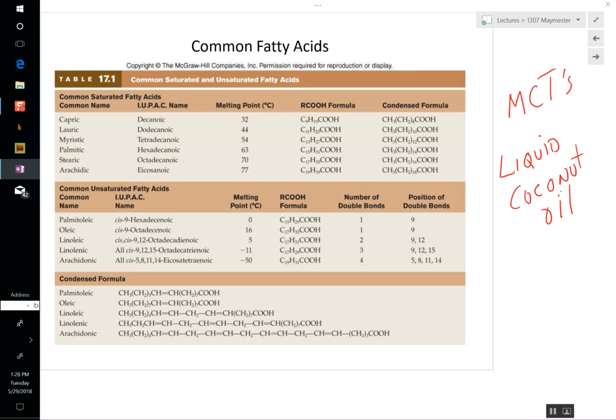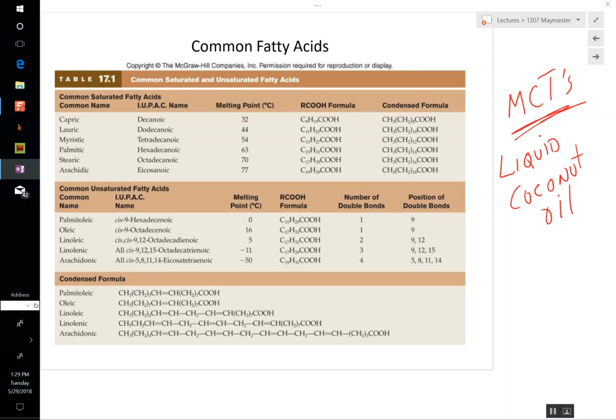I'll tell you one way they use these MCTs. They have a person, sometimes an infant, could be an adult as well, who really can't take on nutrient, can't swallow or digest for some reason. They got an intestinal problem. They will give them MCTs intravenously because these MCTs are easily absorbed by the cells and easily metabolized for energy.